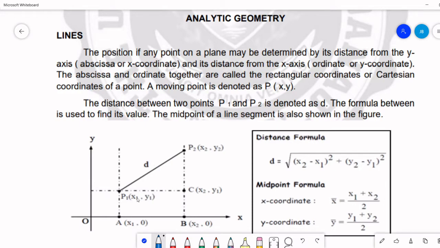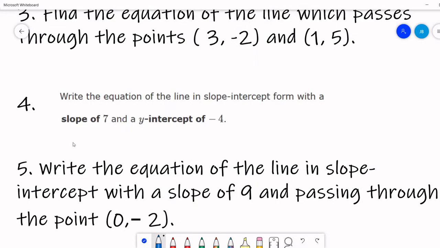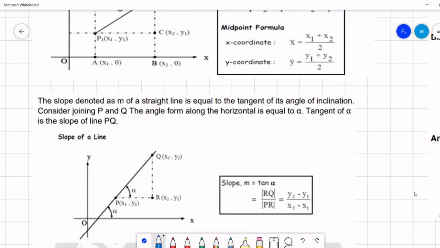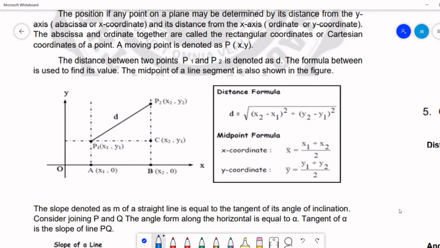So for example, let's say this is a line and we're going to find the midpoint. So this is the midpoint. Okay.